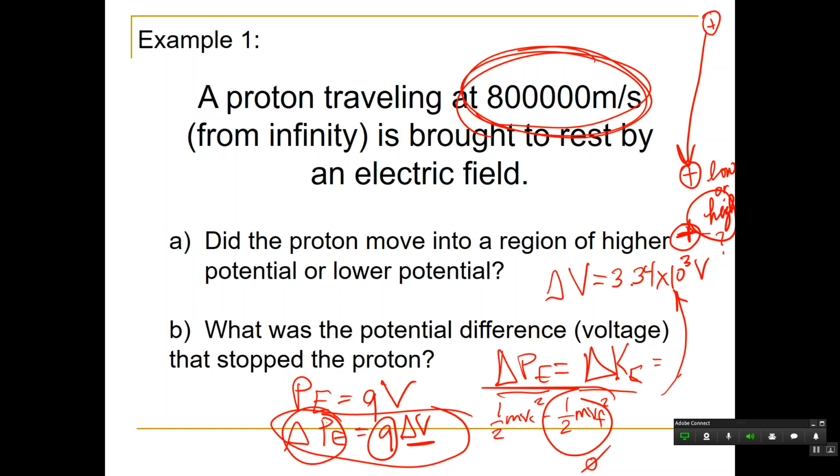I did it initial minus final because it's the opposite of potential energy. So it'd be negative final minus initial, or initial minus final. Delta KE equals negative delta P, so I did it the opposite.